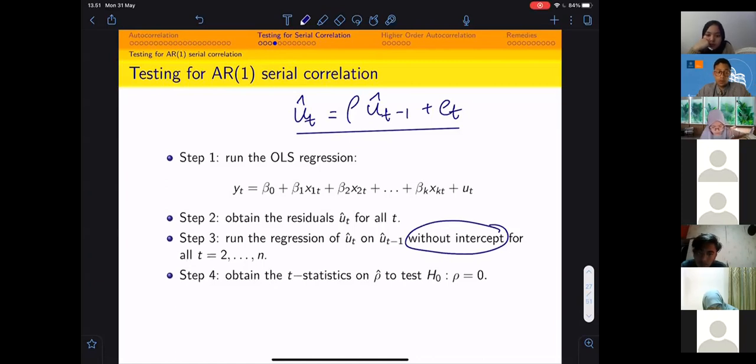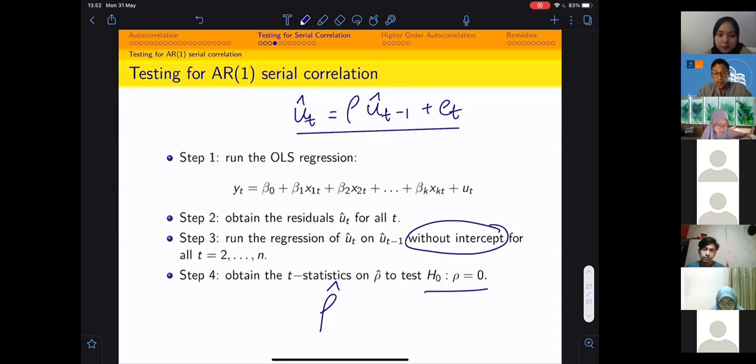We're going to look at that in a moment. And then you're going to obtain an estimate of the autocorrelation coefficient, rho hat, and you're going to use the t statistic to test whether we reject or do not reject the null hypothesis.